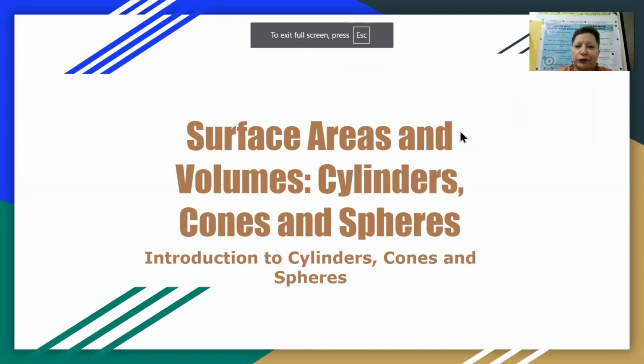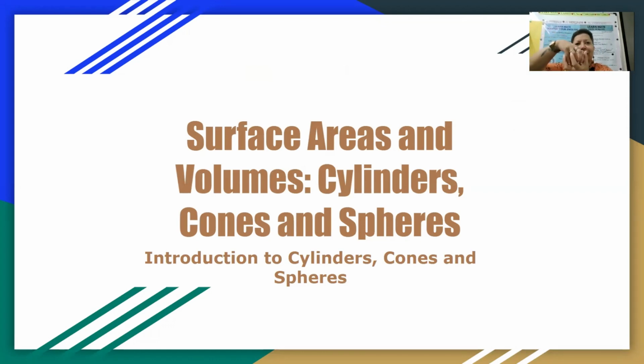So here it is. Our topic for today is going to be surface areas and volumes, cylinders, cones, and shapes. Volume is the amount of space in a particular object, as to how much liquid you can put in, or what is the kind of quantity of anything that you can put into a 3D object, whether it be a cuboid, tube, sphere, or whatever, like the ice cream cone that you have in your McDonald's, etc. That basically is the volume of the cone which you are holding in your hand.